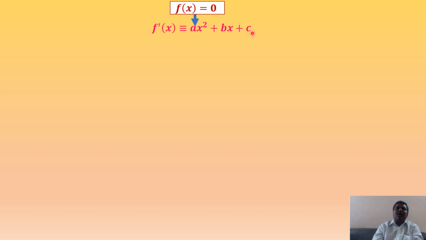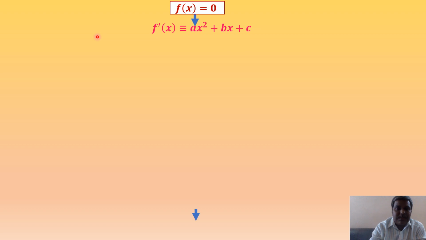What do we need f dash x for? To check the nature of the curve f of x equal to 0. This is the one and only hero to tell the nature of the curve f of x equal to 0. What is the importance of f dash x equal to 0? From that, we find the maximum, minimum, local maximum and local minimum points.